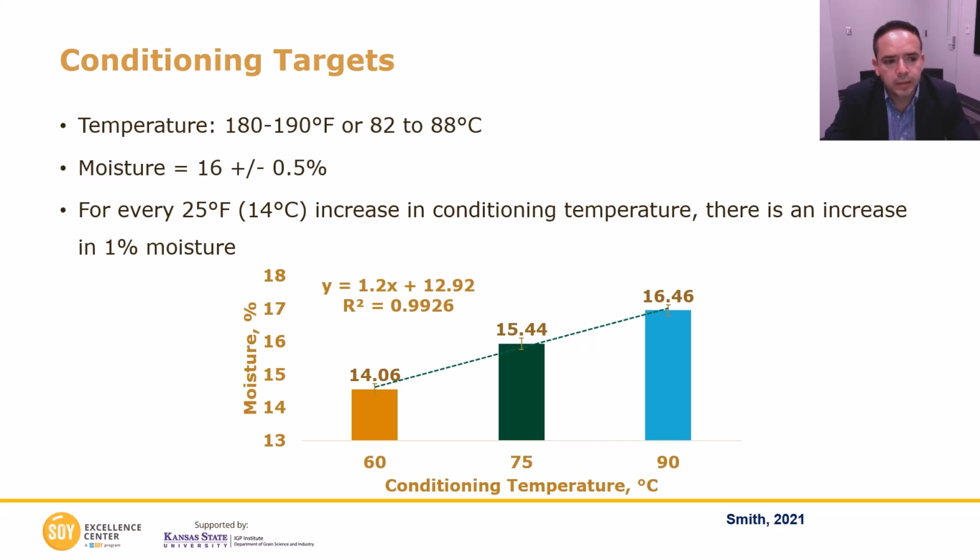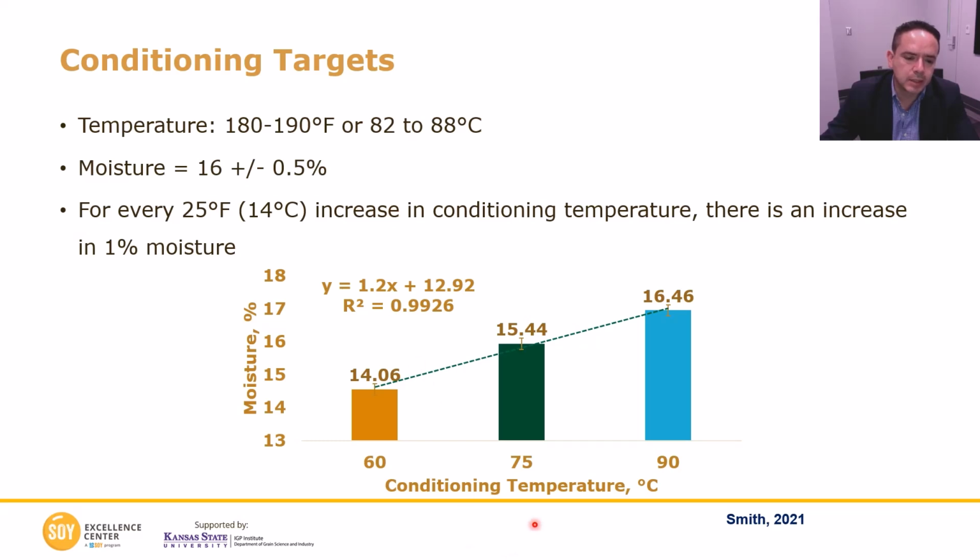And then remember that for every 25 Fahrenheit degrees or 14 Celsius degrees increase in the conditioning temperature, there is an increase of 1% moisture. Depending on the quality of the steam, this might be for every 27 Fahrenheit degrees or 15 Celsius increase in the conditioning temperature, then you add 1% moisture.